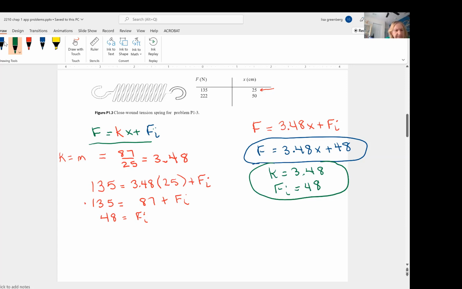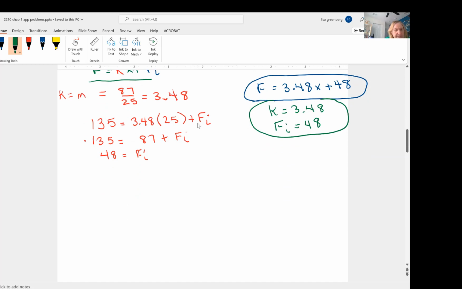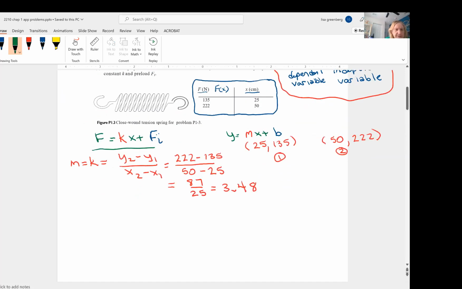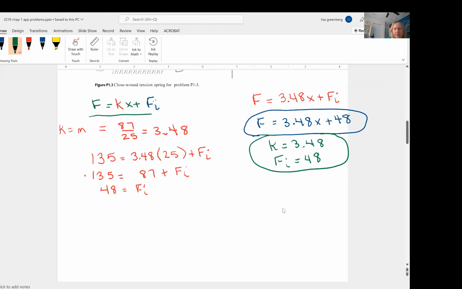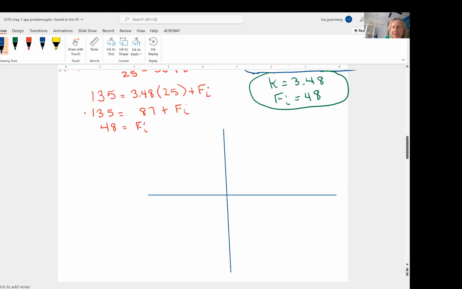Okay, now I do have room. I can see it on the side here. I have room, so I'm just going to scroll down, because part B says to graph it, I believe. So sketch the graph of f as a function of x and clearly indicate both the spring constant k and preload f sub I. So we can see that these numbers are going to be kind of big.